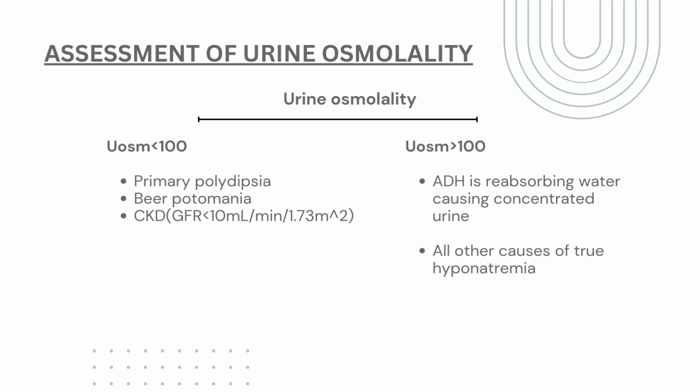If urinary osmolality is more than 100, we can say that ADH is overactive in these situations. ADH is reabsorbing water, causing a concentrated urine, and all the major causes of hyponatremia fall in this category.